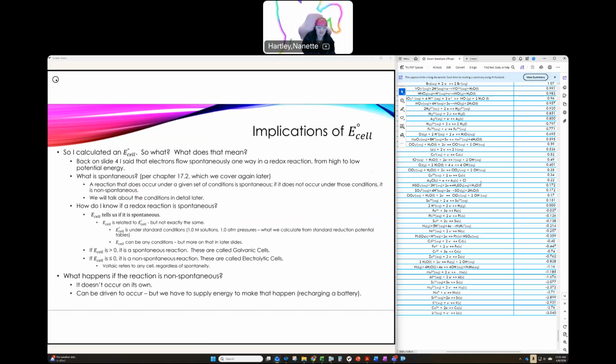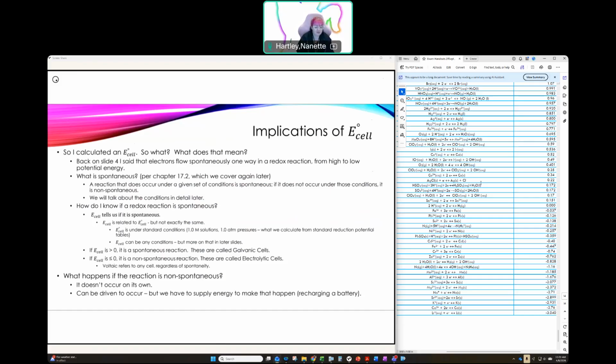If it does not, it is non-spontaneous. So all I have to do is put it together and it will go. If it won't go under those circumstances, then it's non-spontaneous. So if I'm talking about spontaneity, we're talking about, does it have the energy available to make this happen? And the E cell can tell us if it's a spontaneous reaction.